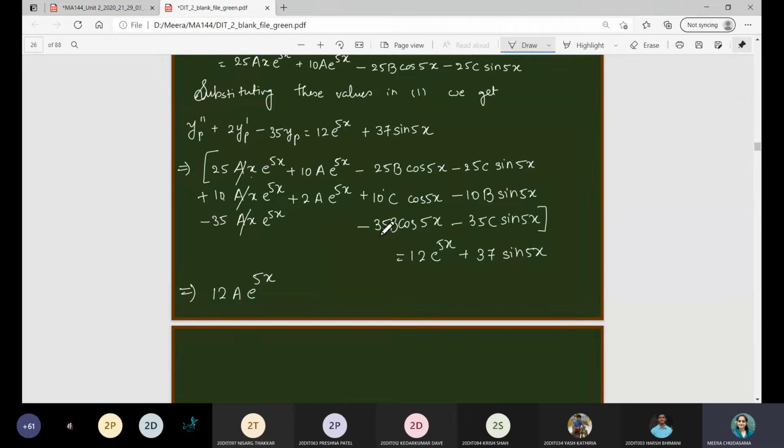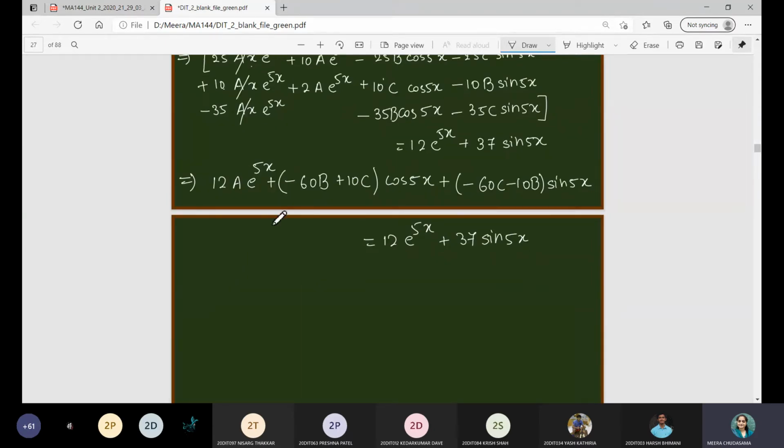After that, this is 35 minus sign minus 25, so it will be 60b. So minus 60b plus 10c with the cosine function, and the sine function, if you observe, is minus 60c minus 10b sine 5x, equal to 12 e raised to 5x plus 37 sine 5x.